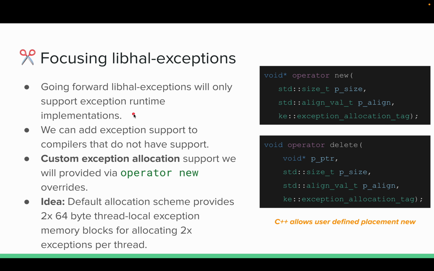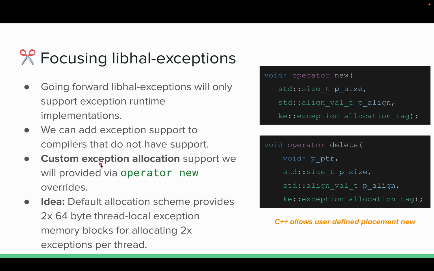No. If you want to modify that, you should manage it on the compiler side, recompile it with your desired changes, or use wrap and other things to overload those things inside of your platform. But libhal-exceptions won't be a part of it. We'll also be using libhal-exceptions to add exception support for platforms that don't support it. I don't have anything in mind at the moment of a platform that doesn't support exceptions that we would need to add support for. But if it comes up, we can do that.